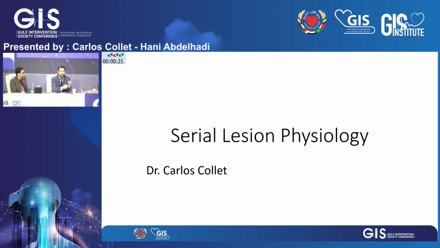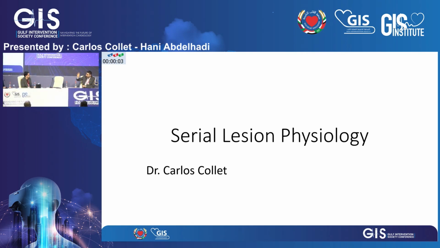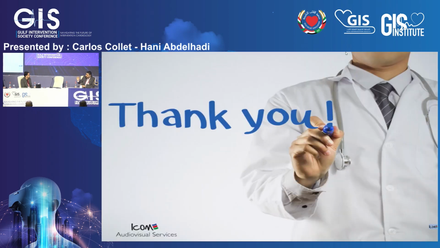Oh, wow. Right, so Carlos, you're going to give us a talk about serial lesion assessment. So I will turn that back to you, Dr. Ziad. How confident are you to push for a LIMA for a 50% focal lesion? Not the long, hazy lesion that is FFR positive. No, it's a focal lesion that looks in your eye like 40%, 50%.